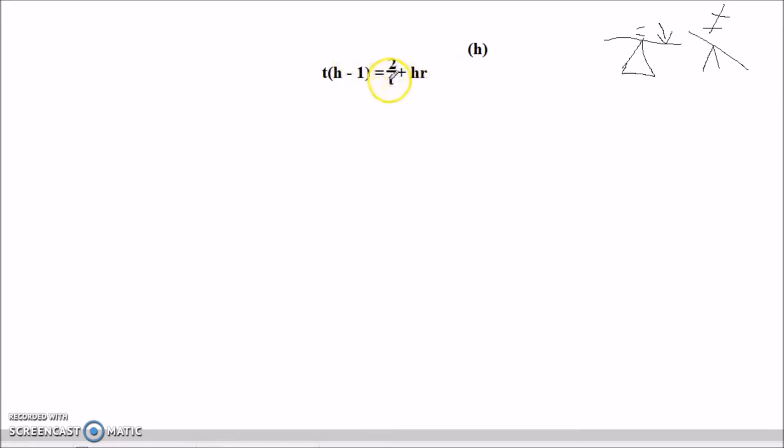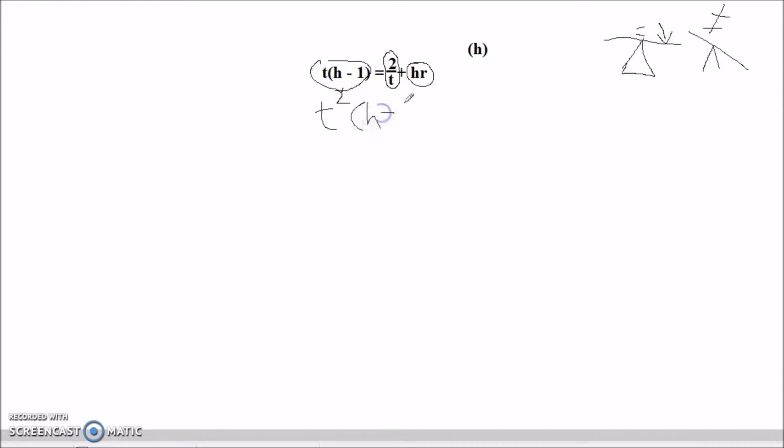And to clear the fraction, as you know, we multiply every single term by t. So we are going to multiply this by t, we're going to multiply this by t, and you guessed it, that's also going to get a bit of t. And what that will give us is t squared.